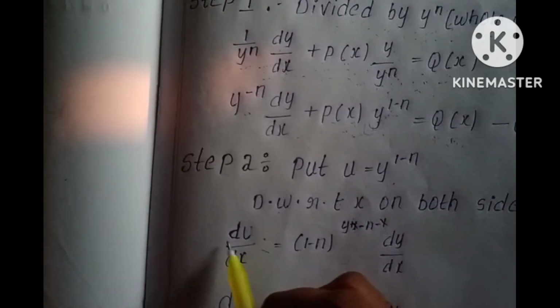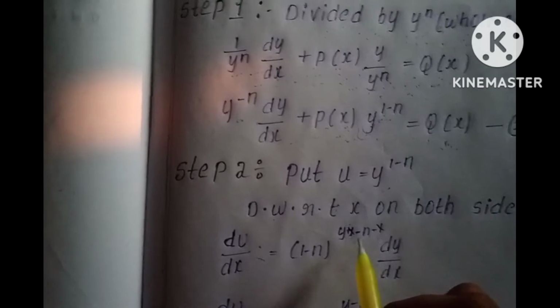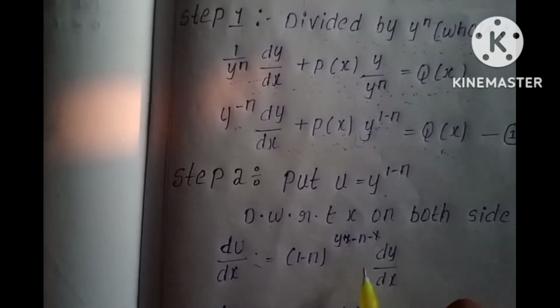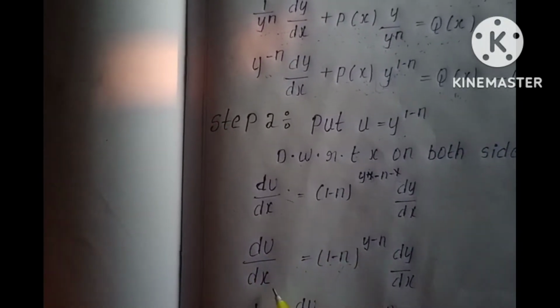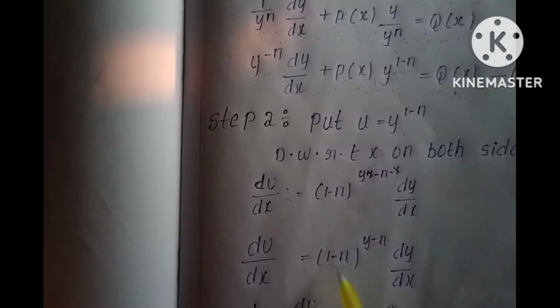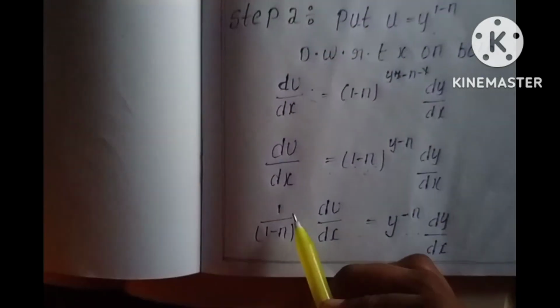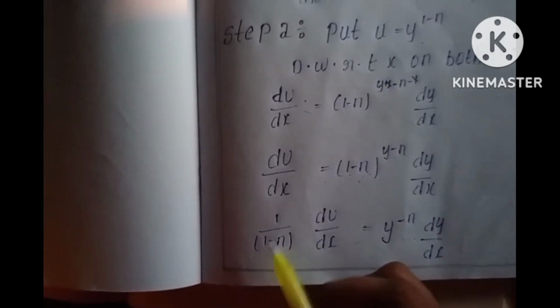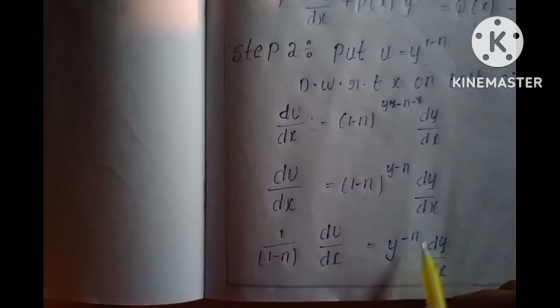So we get du by dx is equal to 1 minus n whole into y power 1 minus n minus 1 into dy by dx. The plus 1 and minus 1 cancel, and the remaining is du by dx is equal to 1 minus n whole into y power minus n into dy by dx. So 1 by 1 minus n into du by dx is equal to y power minus n dy by dx.